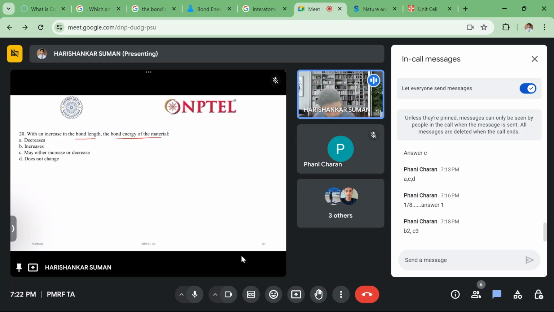Now we can define the bond energy. Please answer. We have already discussed bond length and energy. This is a simple question. You can easily answer. Think about this.